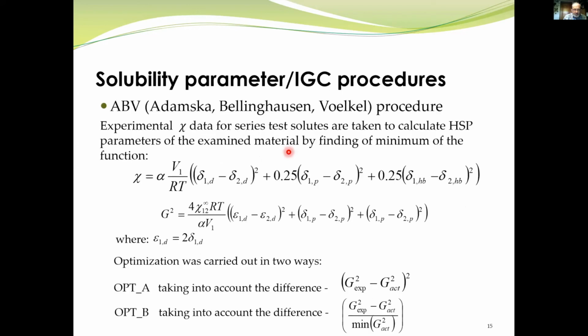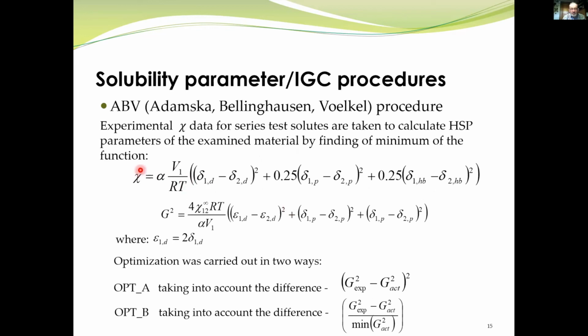So in cooperation with Rainer Bellinghausen from Leverkusen, we proposed a procedure to calculate components of Hansen solubility parameters.